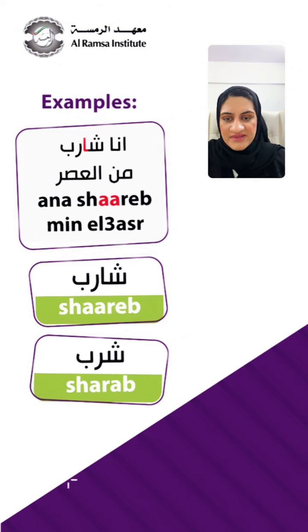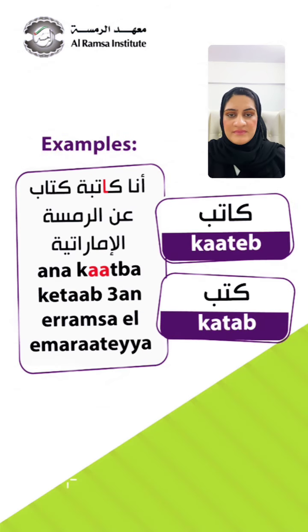Let's take another example. So the verb is كتب. اسم فاعل becomes كاتب. Now the example is أنا كاتبة كتاب عن الرمسة الإماراتية.